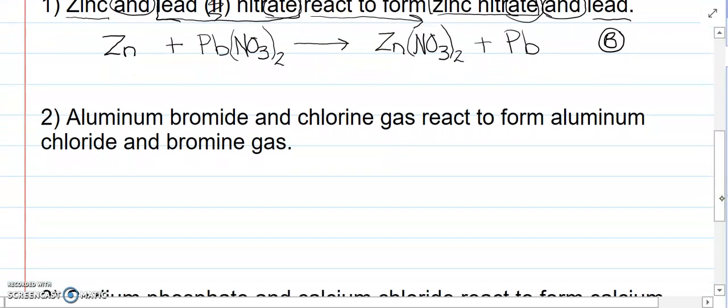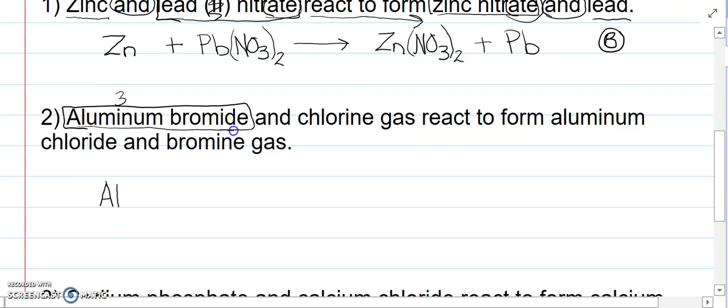Aluminum bromide and chlorine gas react to form aluminum chloride and bromine gas. So I have aluminum bromide, and aluminum bromide is a compound. And most of my compounds are ionic, it is. And with an ionic compound, I have to pay attention to my charges. So aluminum has a 3+ charge.